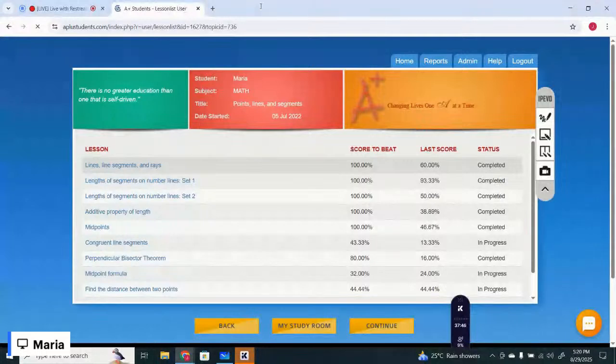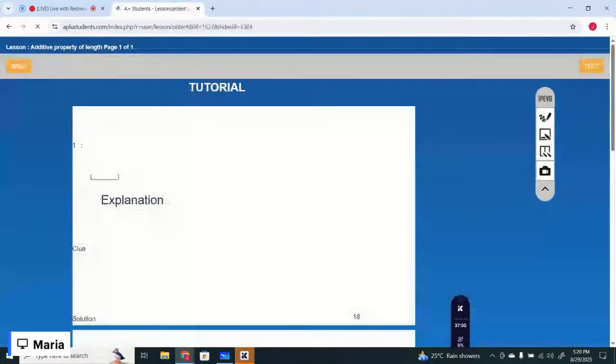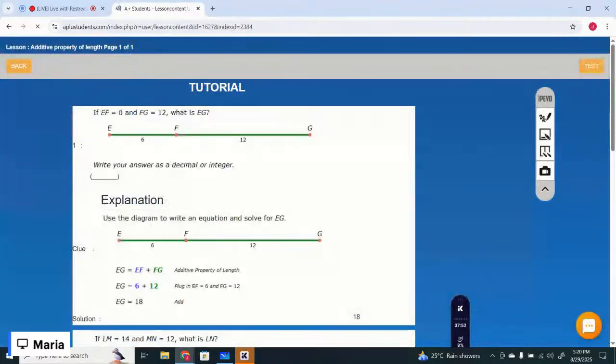The next lesson is additive property of length. If EF equals 6 and FG equals 12, what is EG? EG equals EF plus FG.